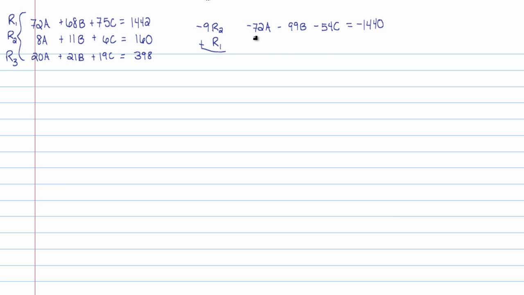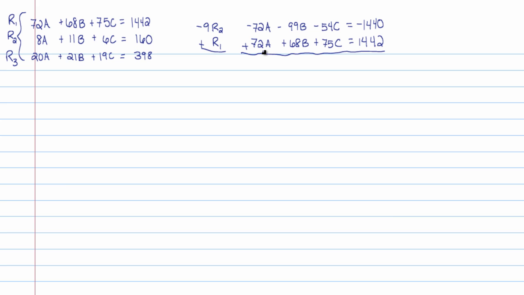And then row 1 is just 72a plus 68b plus 75c is equal to 1442. So I'm going to add these two up.